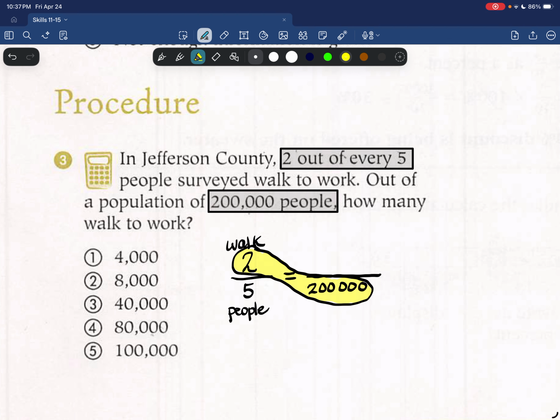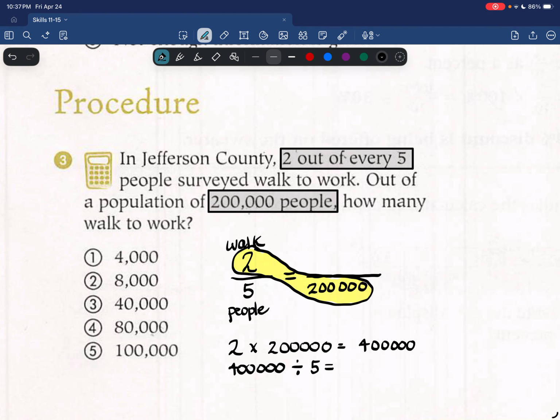We multiply them. So I would have 2 times 200,000. Be careful and don't lose any zeros. That's important. So 2 2s are 4, and then we have 5 zeros. Then I'm going to divide that 400,000 by the number that was not in the peanut, and that's a 5.